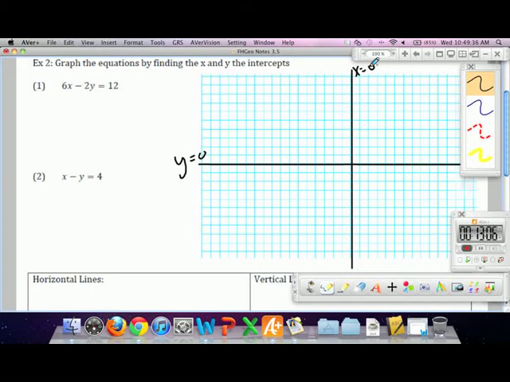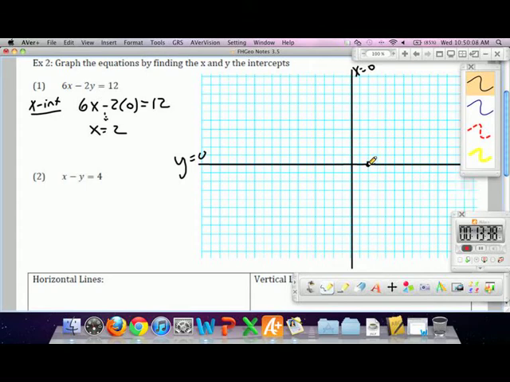So we'll start by finding the x-intercept. When y is 0, we plug in 0 for y and solve: x is 2. So I get the following intercept on my graph.